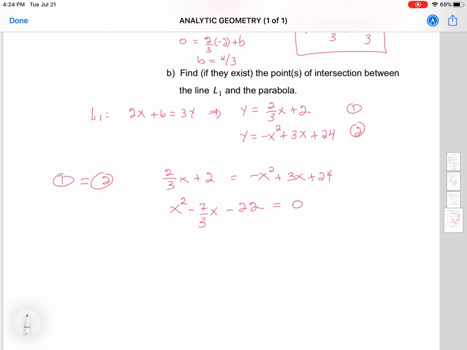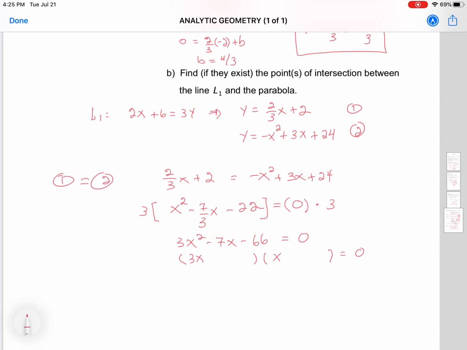Now, I'm not a big fan of factoring something with fractions, and even less doing the quadratic equation when I have fractions. So I am going to multiply both sides by 3 so that I get rid of all fractions, and the equivalent equation is 3x squared minus 7x minus 66 equal to 0.